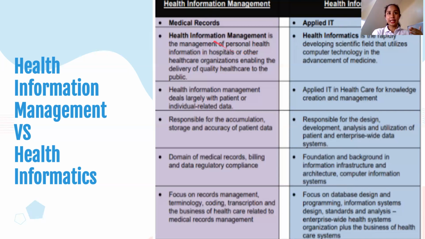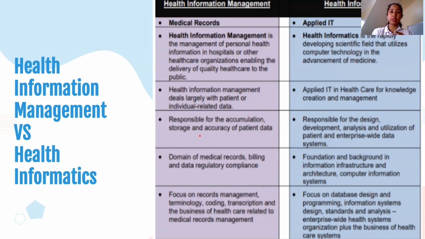Under it, class, an example is your medical records. Your health information management is so simple as compared with your health informatics. It manages personal health information in hospitals, for example medical records or EMR, electronic medical records. It basically deals with your patients' and individual-related data, data which comes from your patients and from the health facilities.